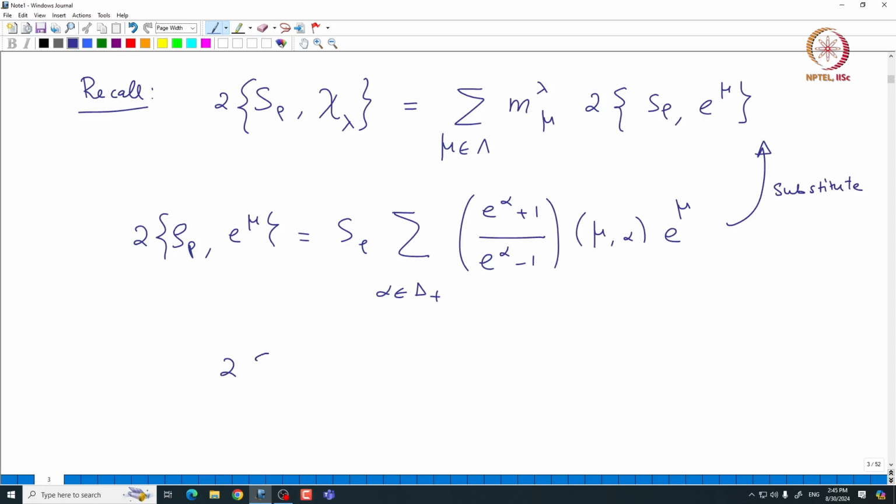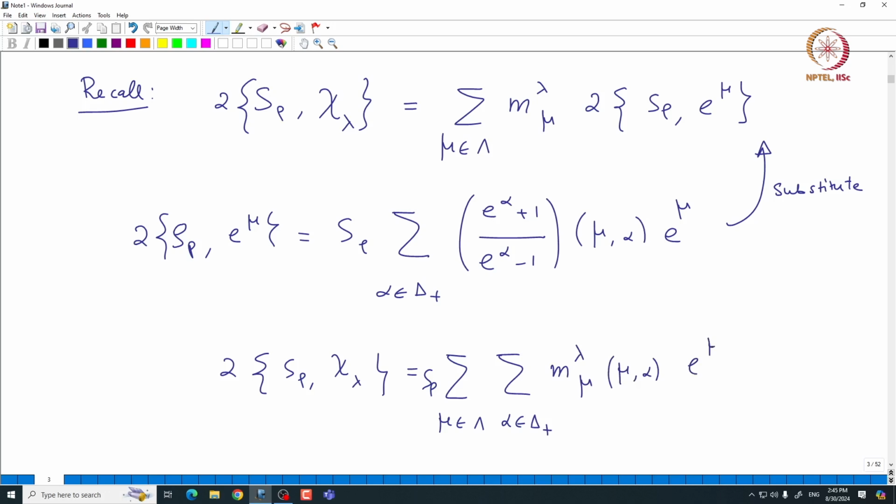Twice S rho comma chi lambda is the summation of S rho times the sum over mu in lambda, the sum over alpha in delta plus, times the multiplicity m lambda mu, times mu comma alpha times e power mu, times e power alpha plus 1 divided by e power alpha minus 1.